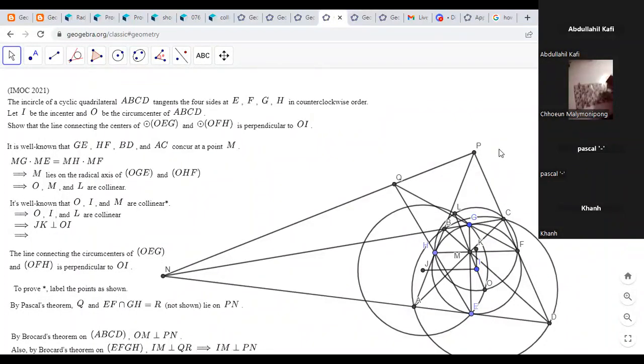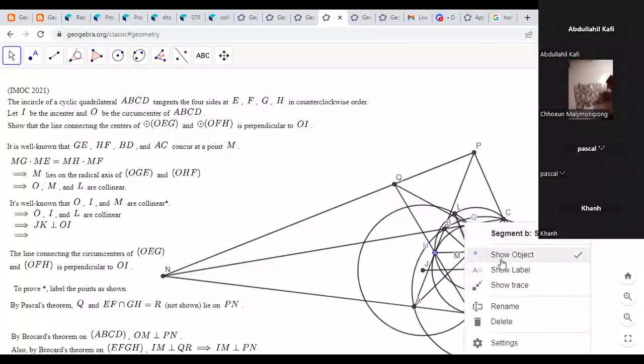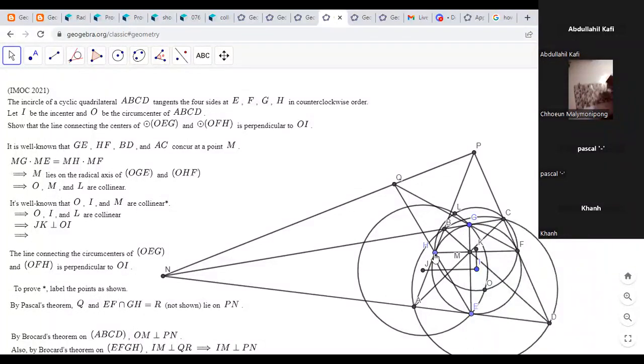We know that G, M, and E are collinear, a well-known fact that I didn't prove, and H, M, and F are collinear. So if I hide this line for a sec, HM times MF is GM times ME, and so that means M has the same power with respect to these. Yes, that makes sense. All right, thanks.